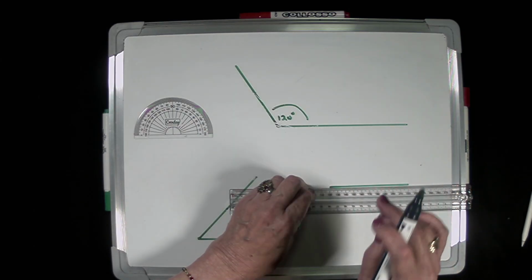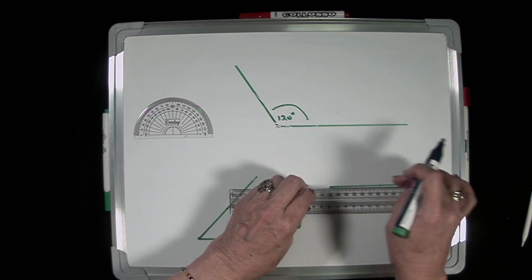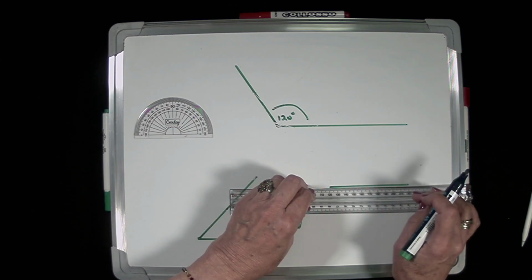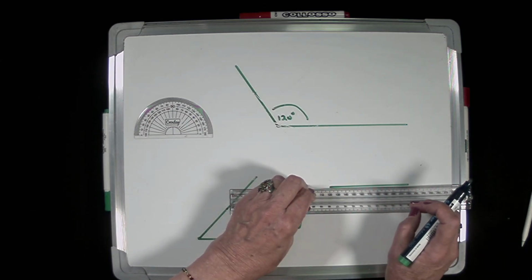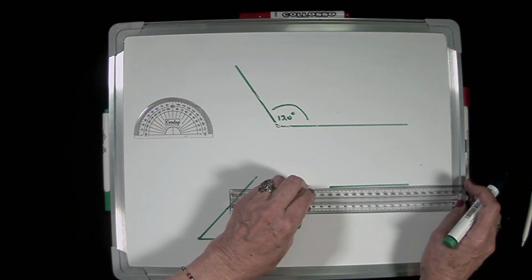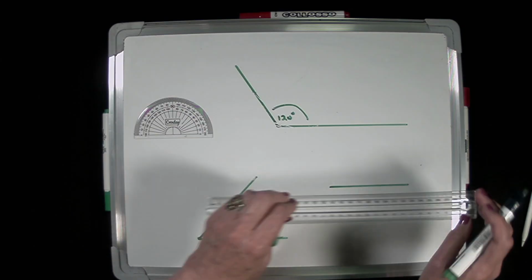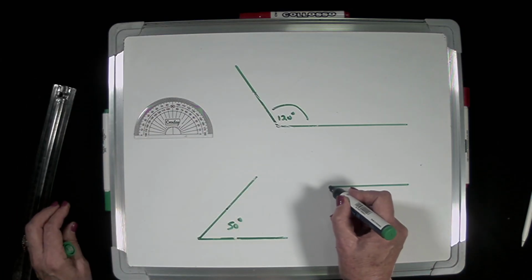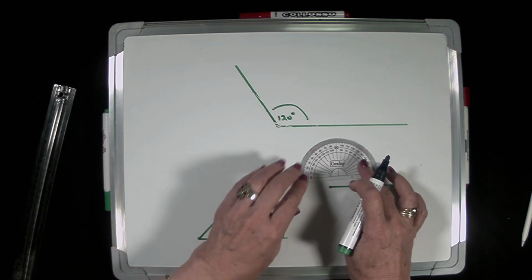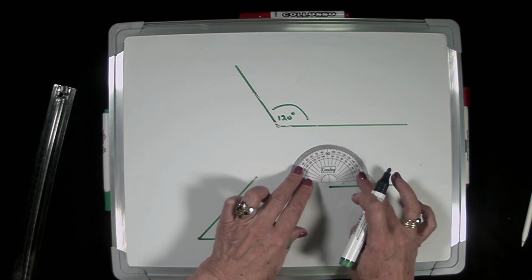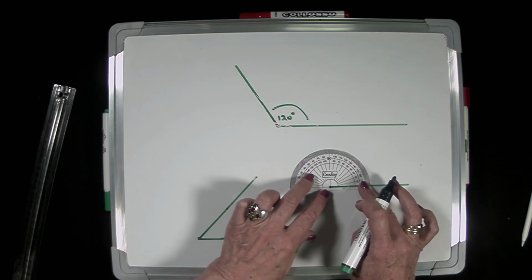So make sure that this arm is longer than the baseline of your protractor, because you have to be able to read. So that is your line. It's longer than the baseline. So start at the end here. And then you're going to put your protractor and the center of your protractor there.